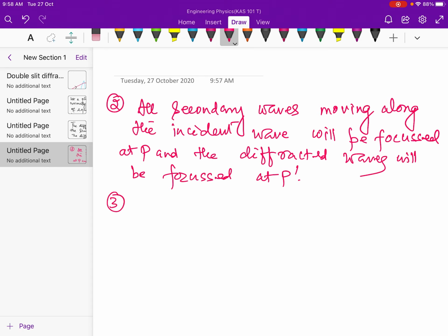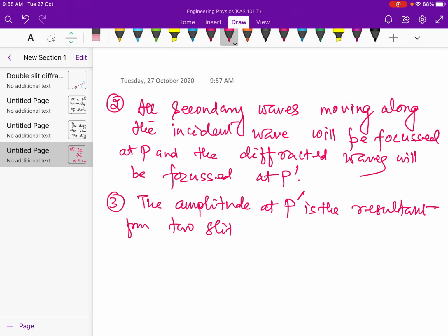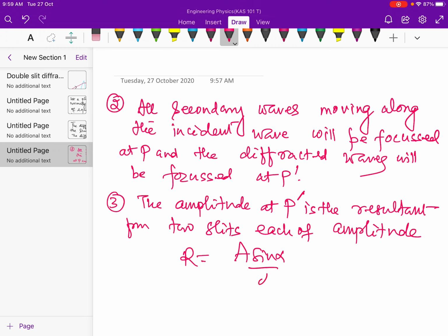And the third point is the amplitude at P dash is the resultant from two slits, each of amplitude R equal to A sin alpha by alpha. We have already discussed the single slit conditions. This is called the intensity pattern.